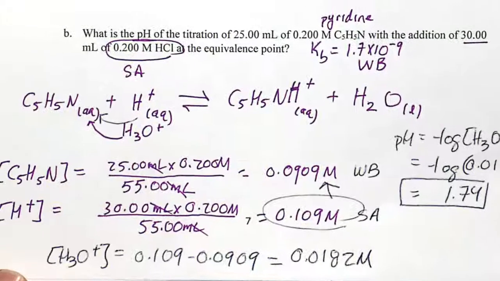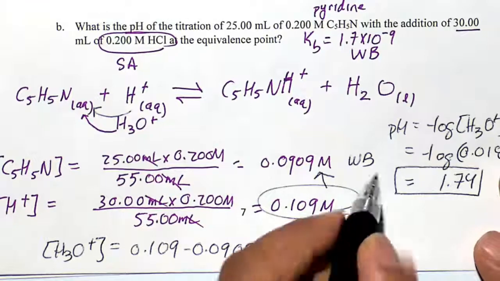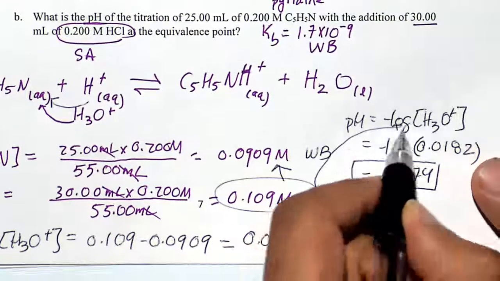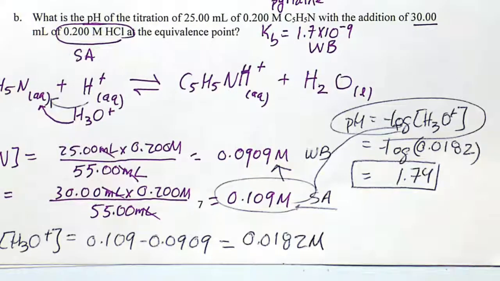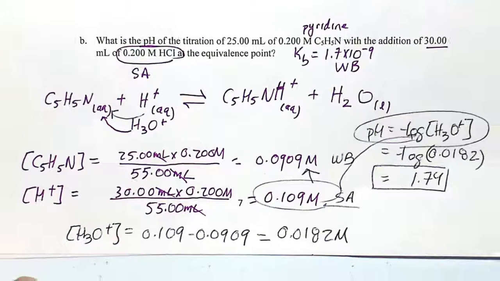In this particular case, after the equivalence point we have an excess of acid, and that excess acid that's left over, since it's a strong acid, you might as well just plug it into your pH equation. You don't need to use an ice table.